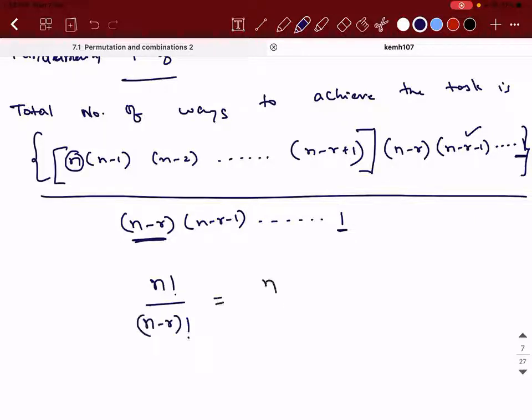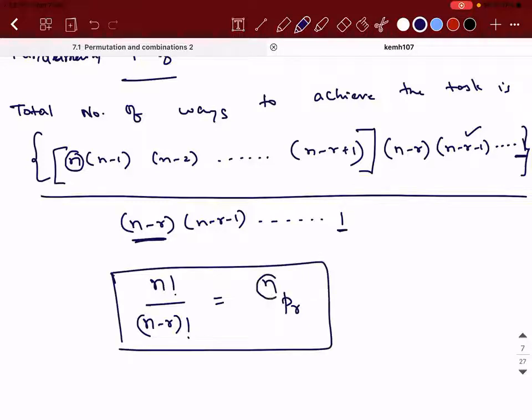This is what is called as NPR. So the number of objects you have in your hand, where you are arranging R objects from those available n objects without repetition. Is that clear, guys? You would have seen this formula, right? N factorial by n minus R factorial. No doubt in that. But the question is, how did it come? It came from the fundamental principle of counting only. Is that clear?